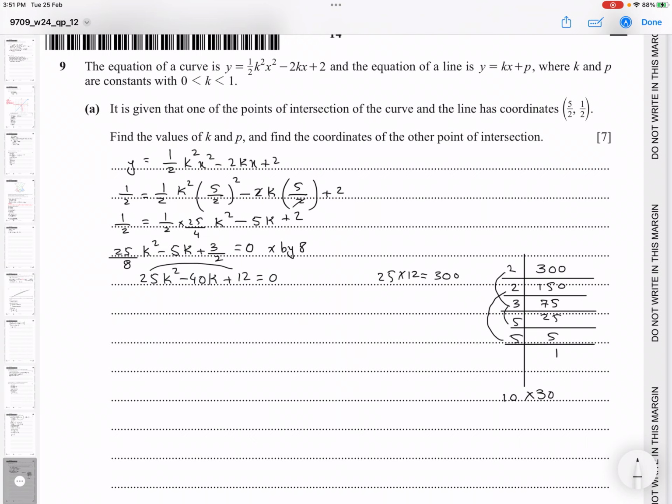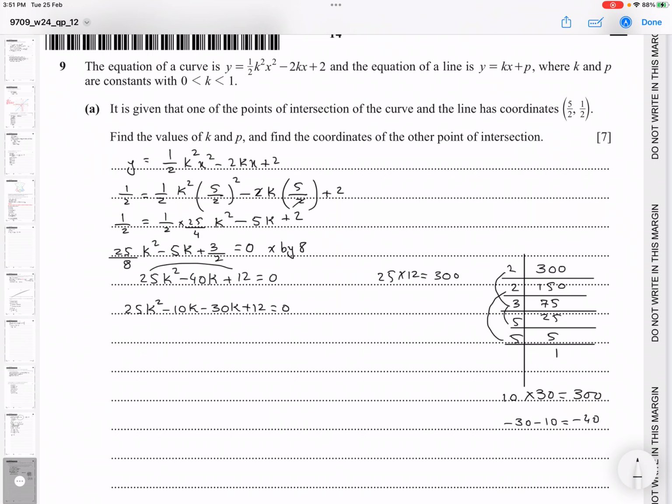So 10 into 30 is 300, and I want minus 40 in the middle, so I can write negative 30, negative 10 gives me negative 40. I'm going to use this in the middle. So 25k squared minus 10k minus 30k plus 12 equals 0.